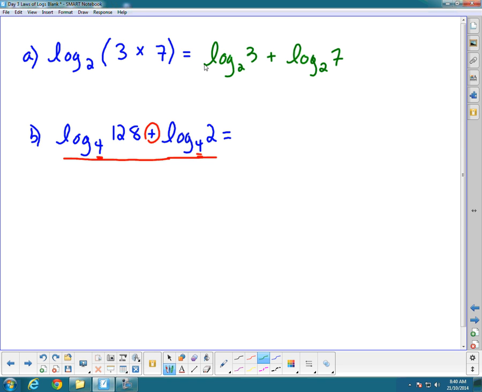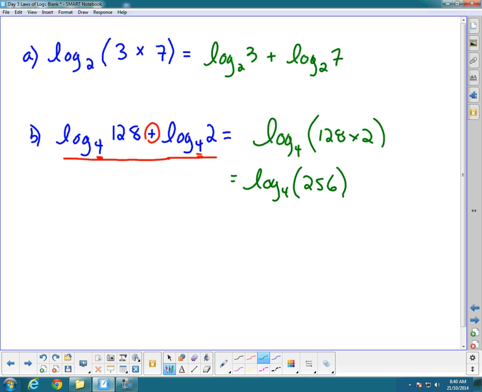So going backwards then, this is log with the base 4, and I can multiply the answers. So 128 times 2. So that's log base 4 of, what, 256? That number is a lot easier to figure out.